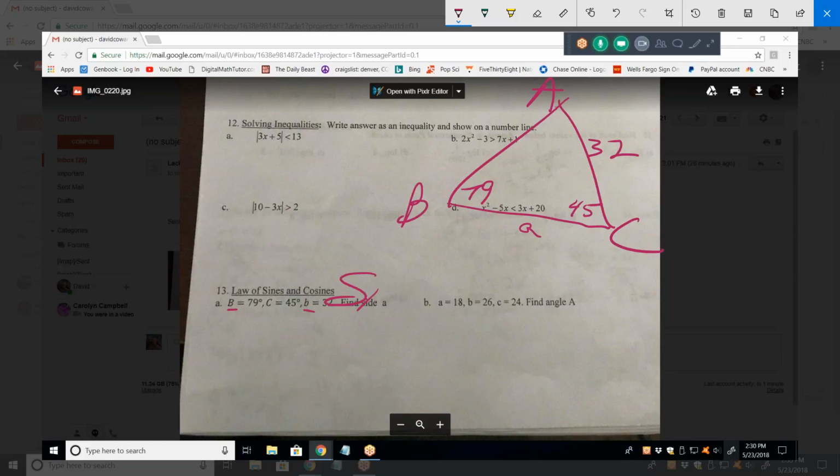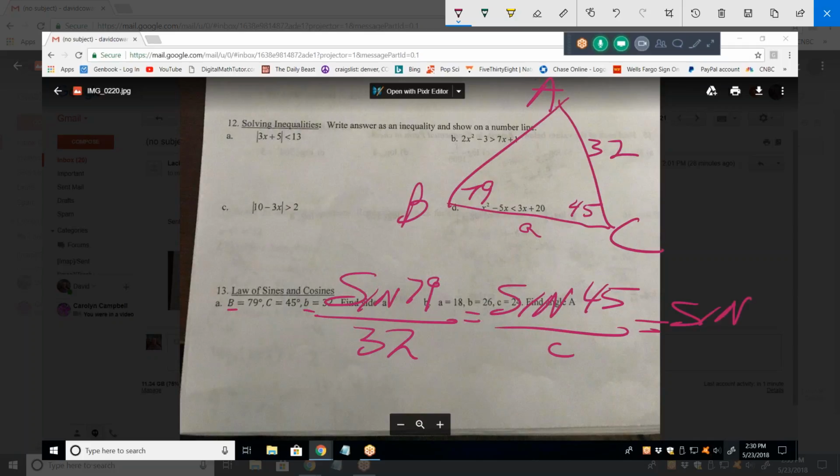The sine of 79 degrees divided by 32, that relationship is the same no matter where we look in this triangle. So it has to be the same as the sine of 45 divided by its opposite side, which is little c, which has to be the same as the sine of the third angle divided by little a.